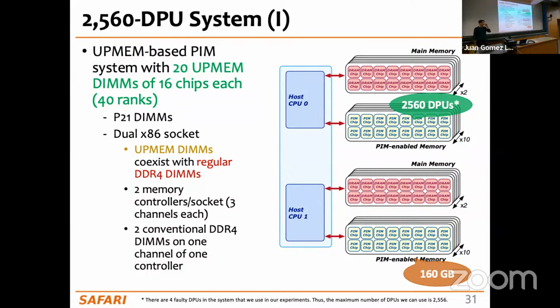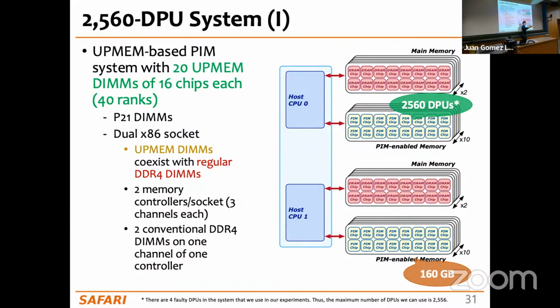Is this a fixed decision? Is this what we are going to find in all PIM systems? Is this what we are going to find in all UPMEM systems? Not necessarily, right? The way that UPMEM themselves configured this server, and this is my guess of why they configured it in this way, was first to have enough main memory, right?